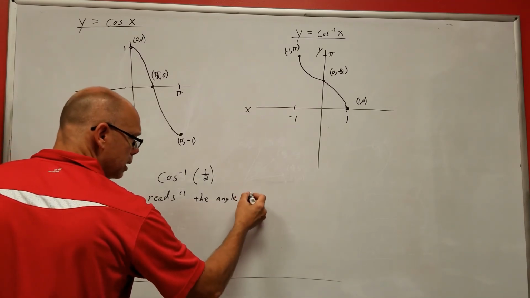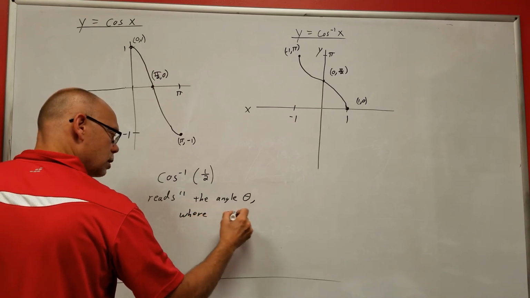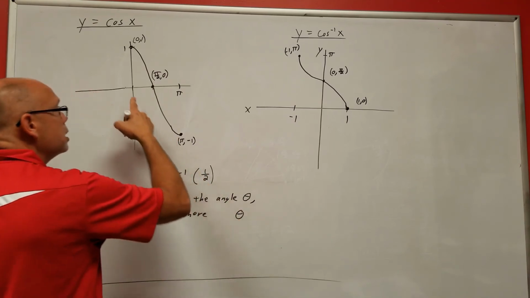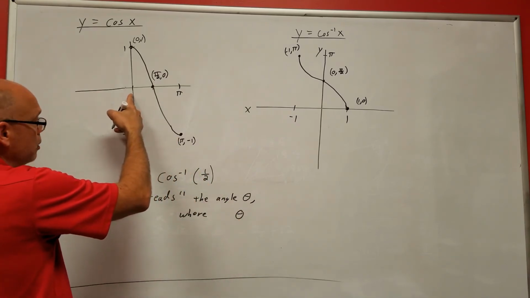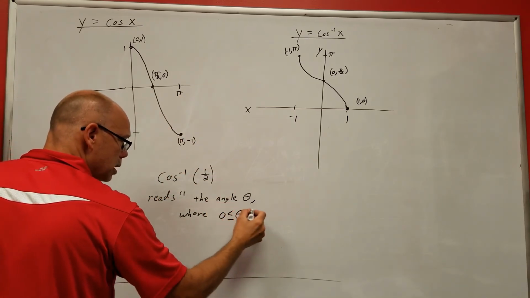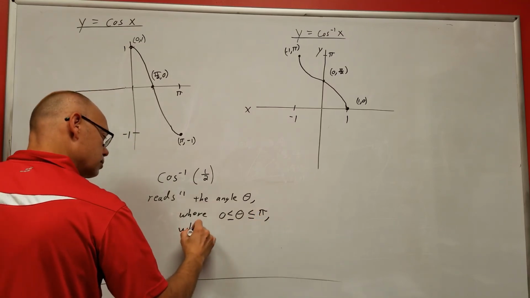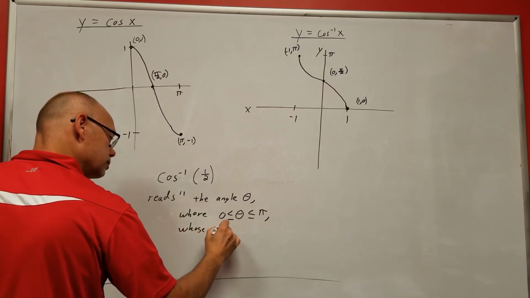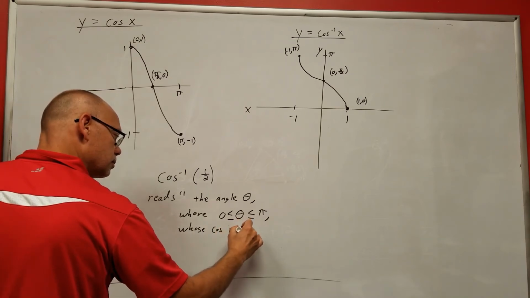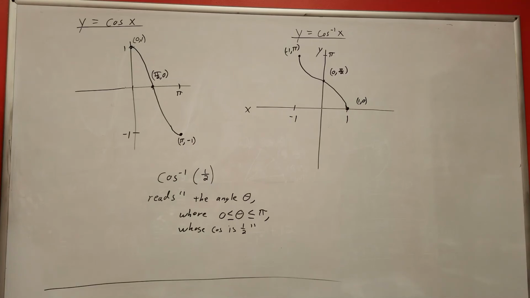I'm going to call it theta here. The angle theta, where theta falls between, what did I restrict the domain? From 0 to pi. Or theta falls between 0 and pi, whose cosine is 1/2. Okay? If you read it that way, it's going to make doing these problems much, much easier.